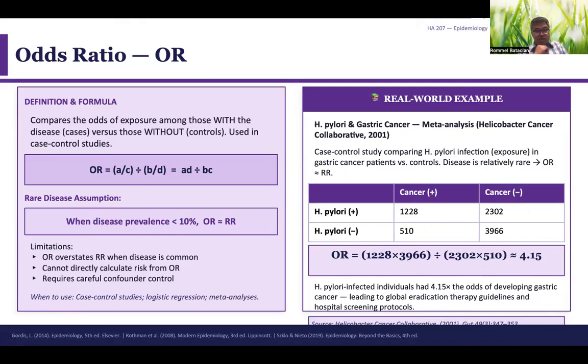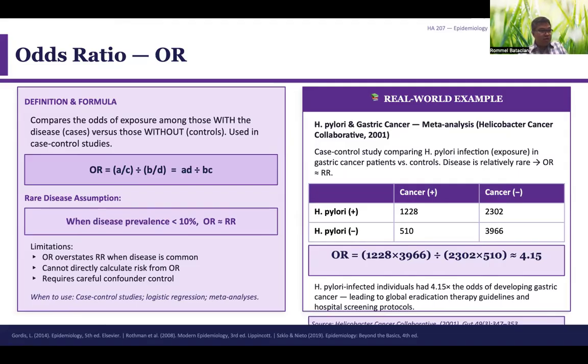So that means those individuals infected with the Helicobacter pylori had 4.15 times the odds of developing gastric cancer compared to those not infected. So since gastric cancer at that time was relatively rare, this odds ratio closely approximates the risk ratio.